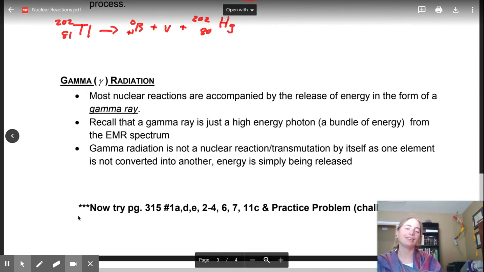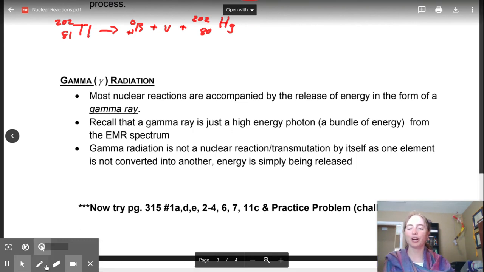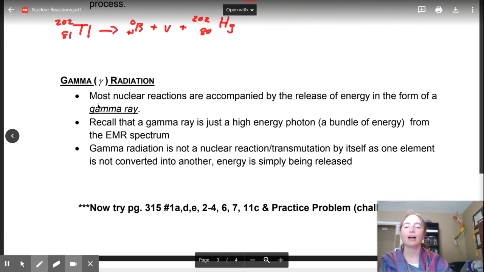So, gamma radiation. Most of these types of nuclear radiation are going to be accompanied by a gamma ray. Recall gamma radiation from our unit on EMR. It's essentially just a high-energy photon. With gamma radiation, it's not a nuclear transmutation by itself.